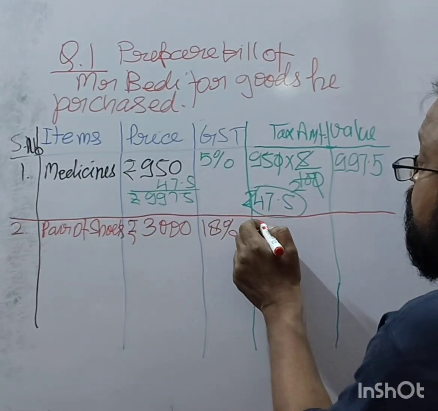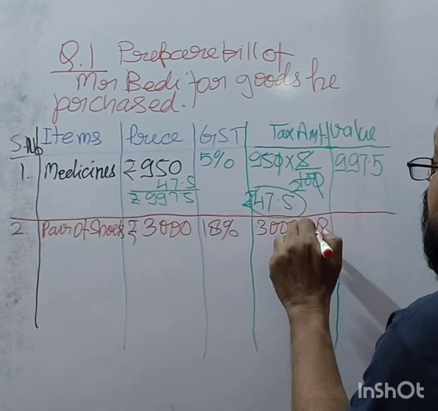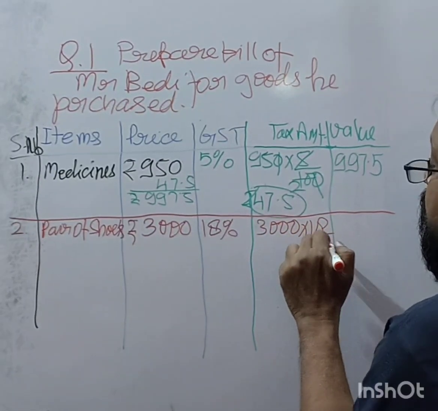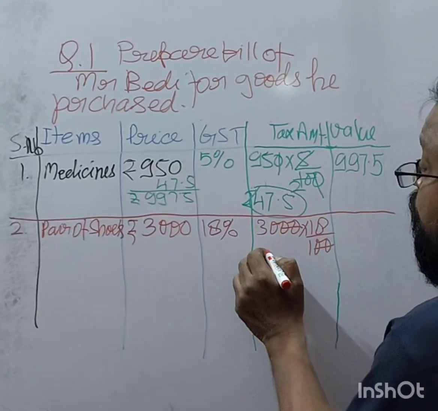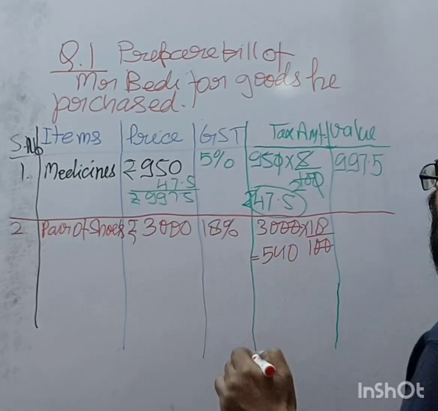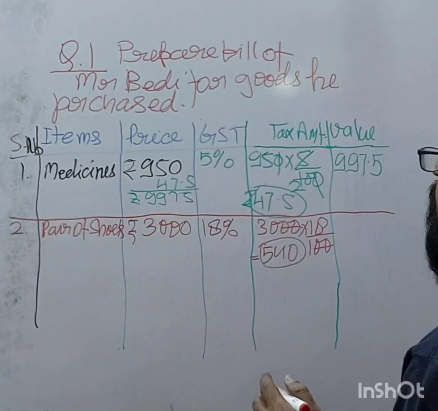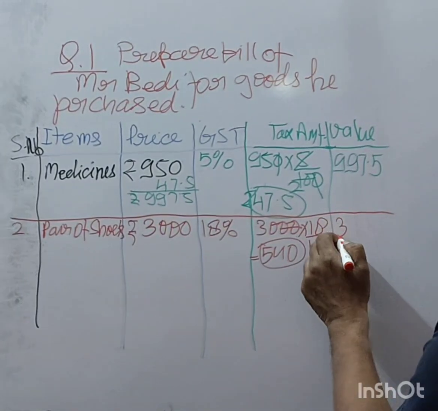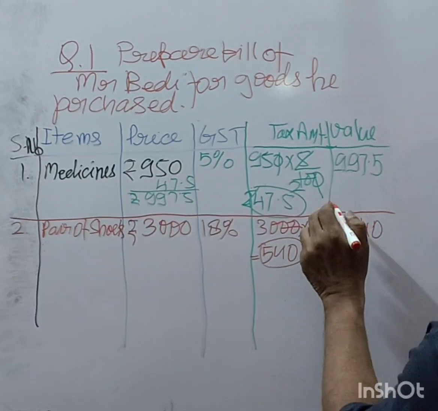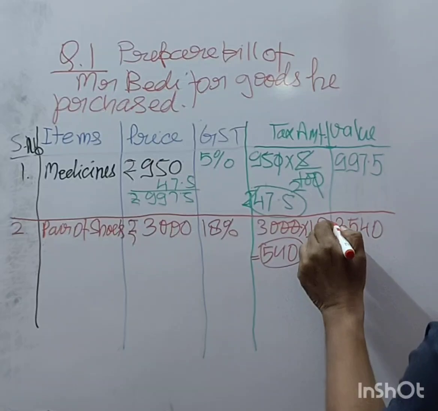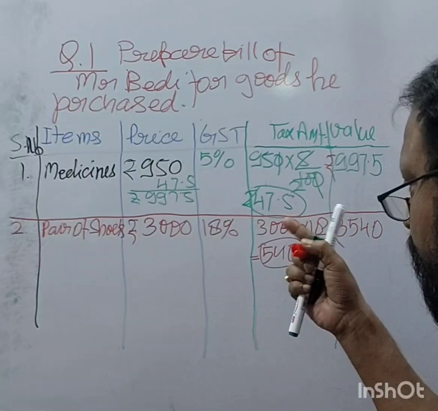So 3,000 into 18 upon 100. Two zeros cancelled. 3 times 18 is 540. So this is the GST he paid. So the total amount is 3,540 rupees. This is also rupees.